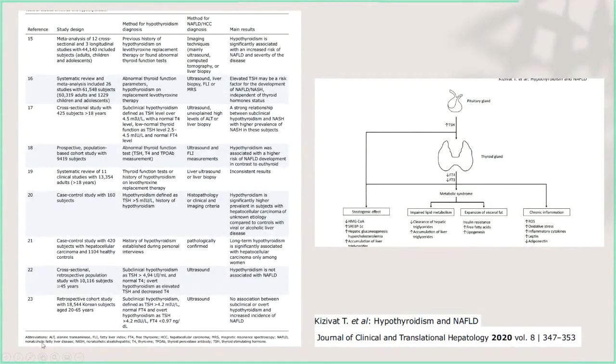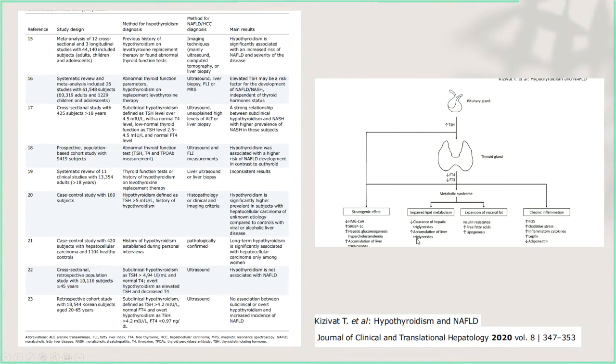So these are the different studies that have been coded in these works. But the thing that I wanted to talk to you about is that thyroid hormone has different effects. It has the ability to decrease some aspects of liver metabolism and decrease clearance of insulin.